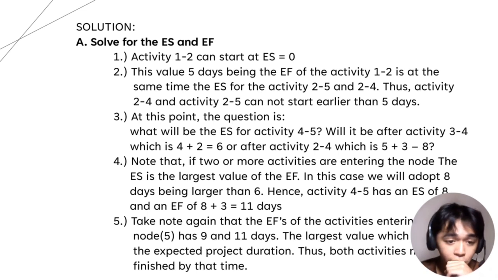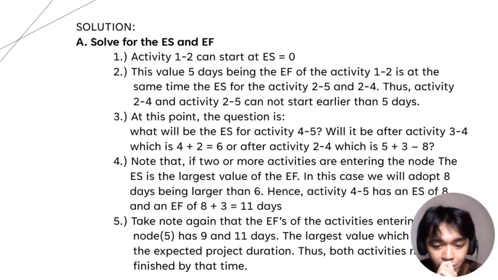So number 4, note that if 2 or more activities are entering the node, the ES is the largest value of the EF. So in this case, we will adopt 8 days, being larger than 6. So activity 4 to 5 has an ES of 8 and an EF of 8 plus 3 equals 11 days.